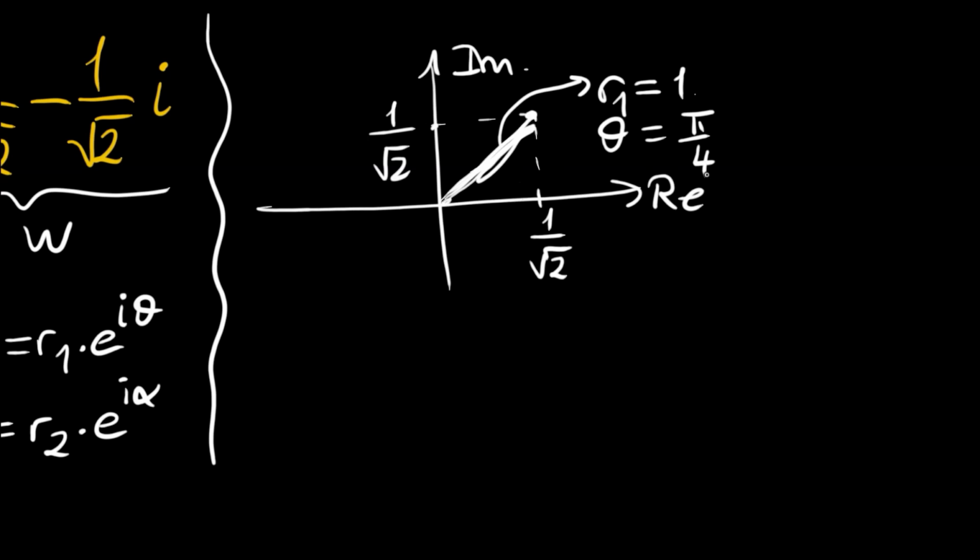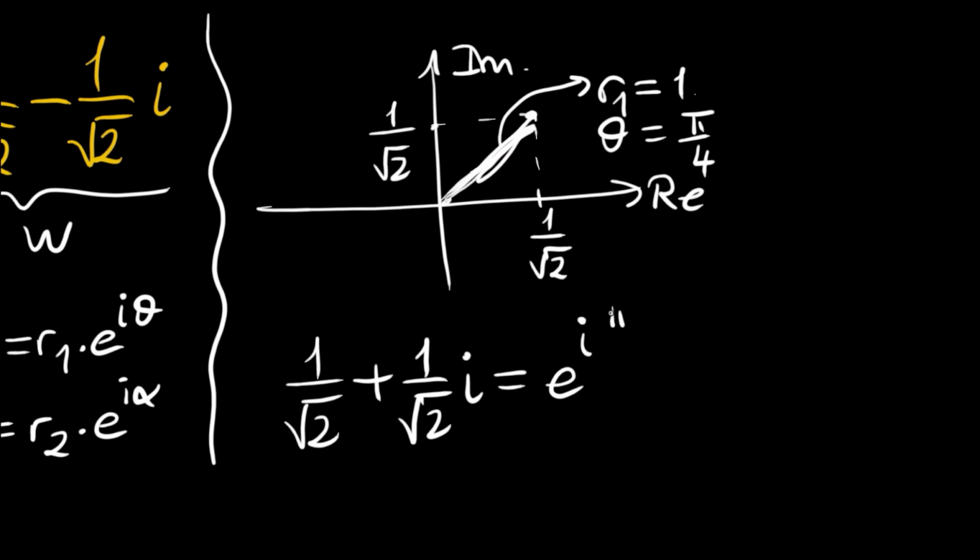This is 45 degrees or π/4. So 1/√2 + (1/√2)i is equal to 1 times e^(iπ/4). This is the first result.